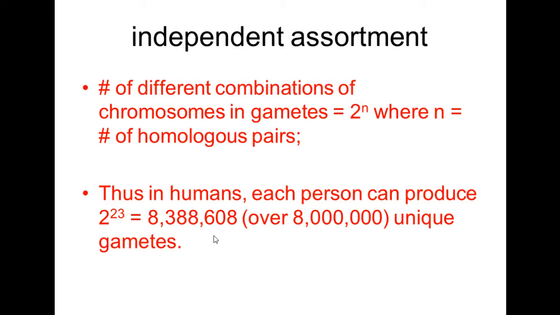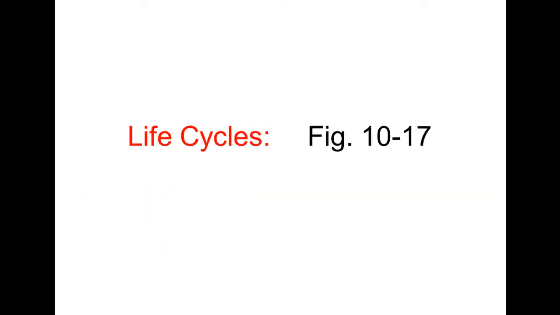In a woman, it would be the same thing. The odds of 2 egg cells being identical would be about 1 in 8 million. But since a woman only produces about 400 egg cells during her lifetime, odds are she will never produce 2 identical egg cells. Okay, let's look at these life cycles.